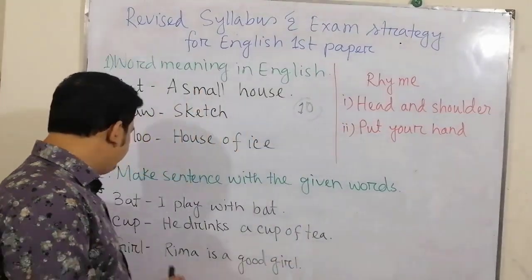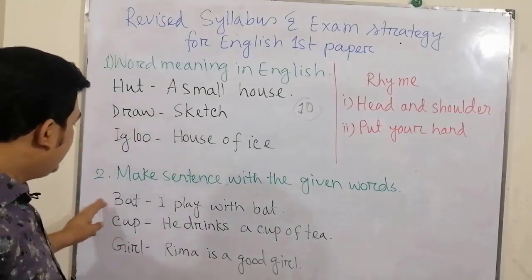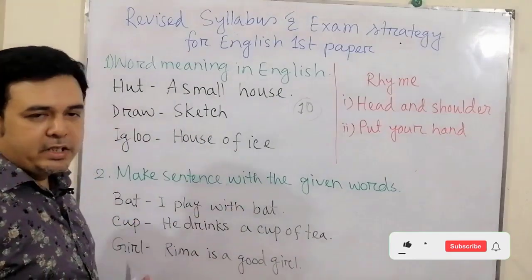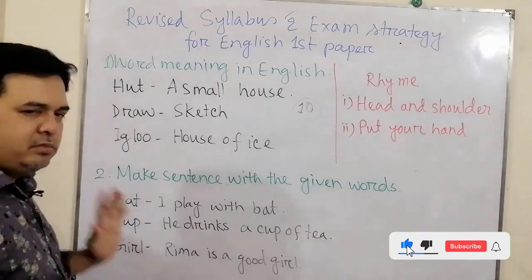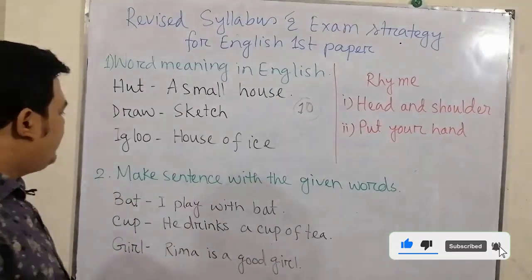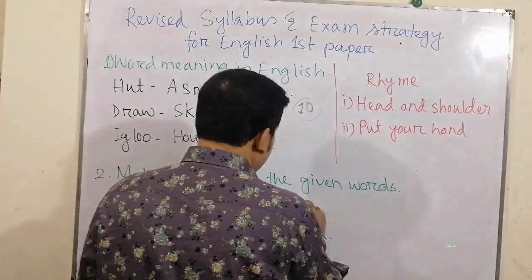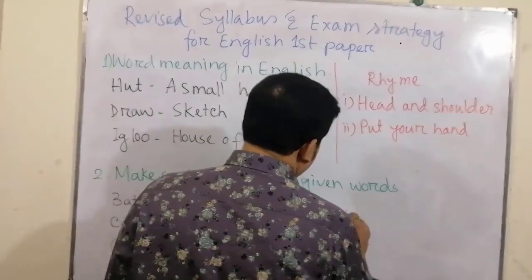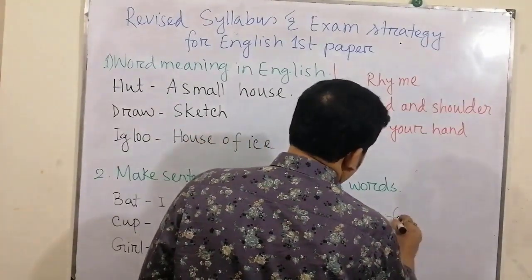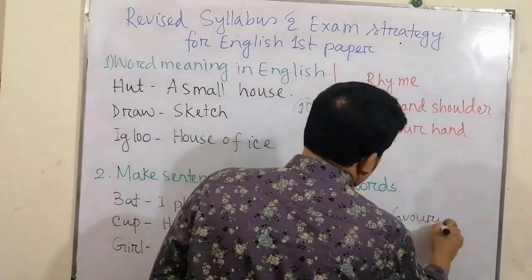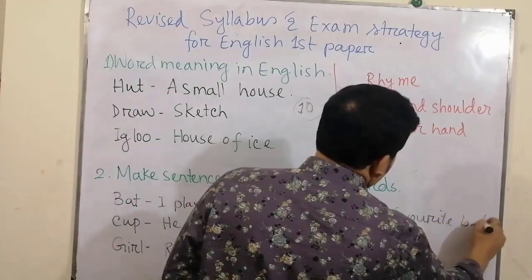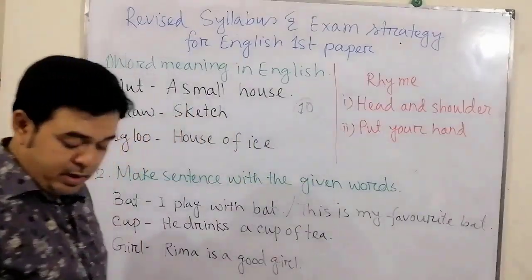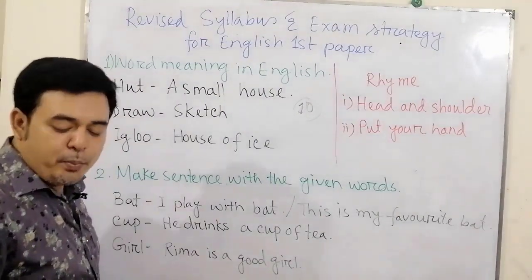So, for example, bat. I play with a bat. Okay, that is correct. And if you write, this is my favorite bat, that will also be accepted. Okay, my dear students, no problem.